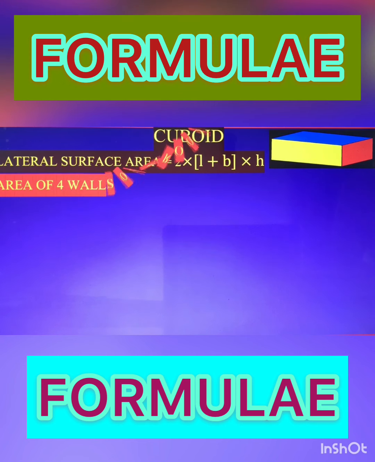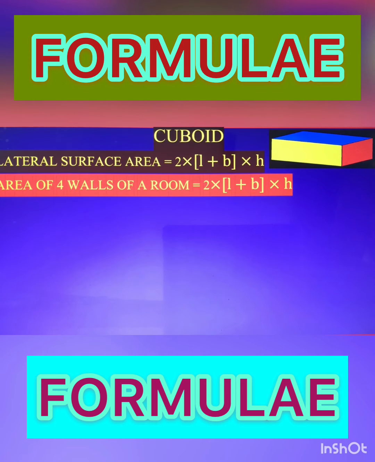Similarly, the second is the same formula for the area of 4 walls of a room, that is 2(L + B) × H. So keep in mind that these two things are the same, the lateral surface area of the room and the area of 4 walls of the room.